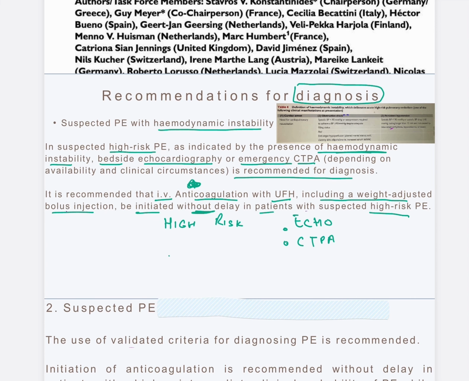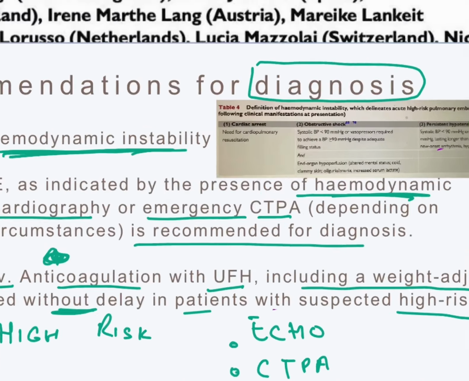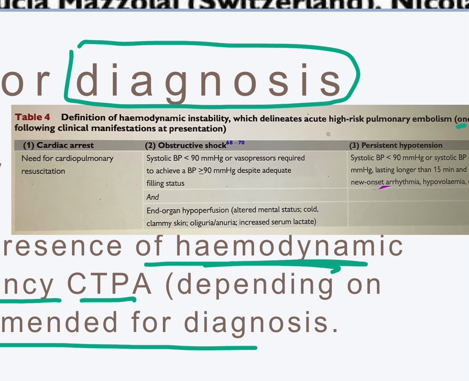They use the word hemodynamic instability. So hemodynamic instability is defined as either one of the following clinical manifestations at presentation.